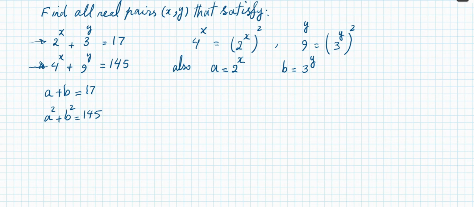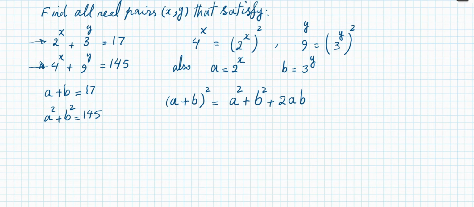We use the identity that a plus b squared equals a squared plus b squared plus 2ab.